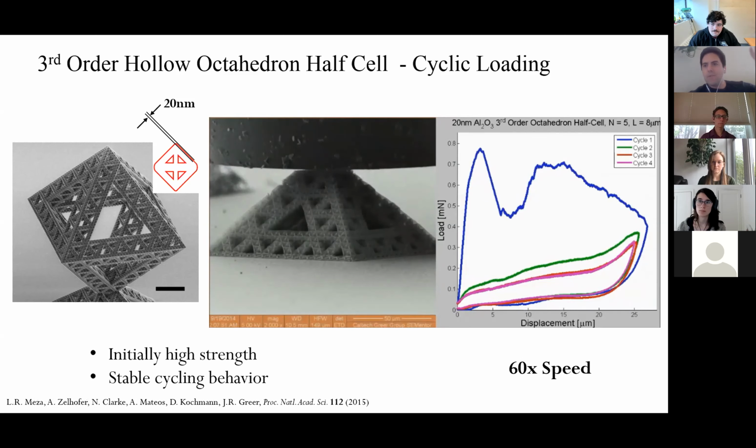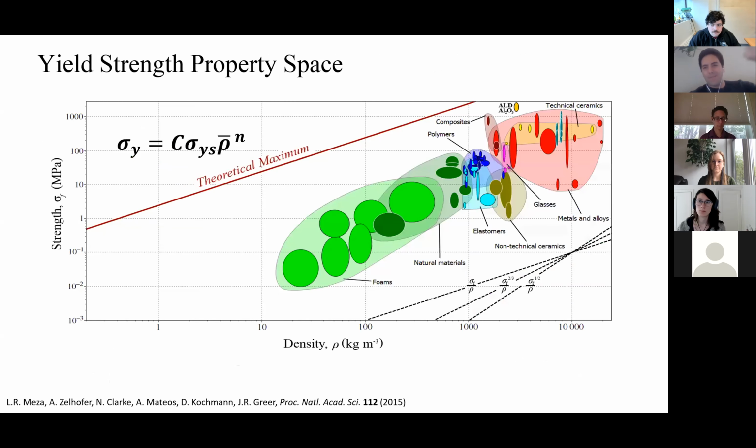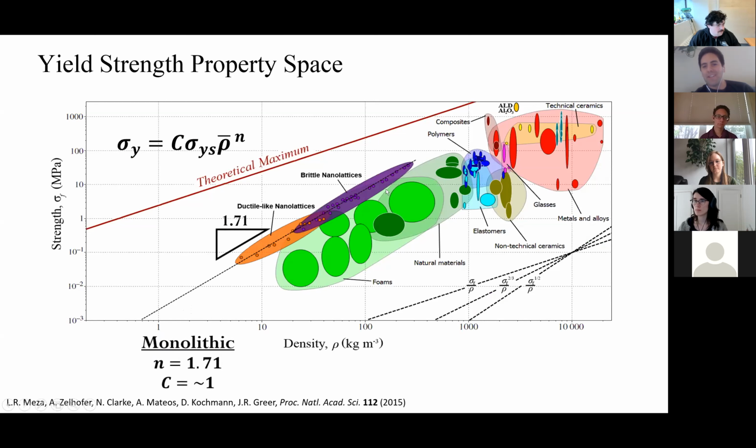Since then, there's a few different project directions we've started to look into. Before that, so mechanical property space. So where did we actually end up with that stuff? So this is that Ashby plot. Now you see it's been extended a bit, so down to very, very low densities. The monolithic lattices, we were able to make something that was fairly strong and fairly light, that had better mechanical properties because we were making it out of a very strong ALD ceramic.